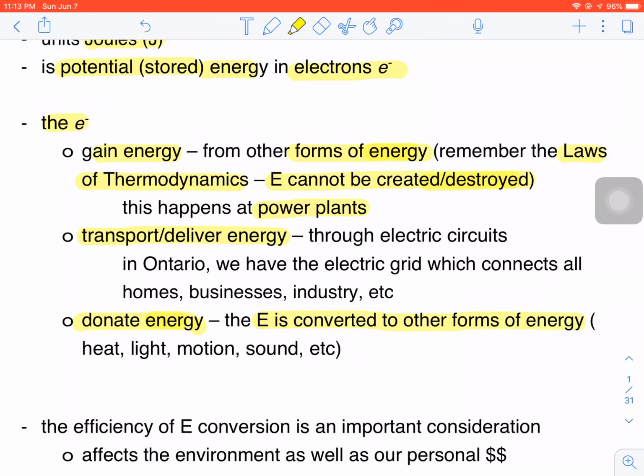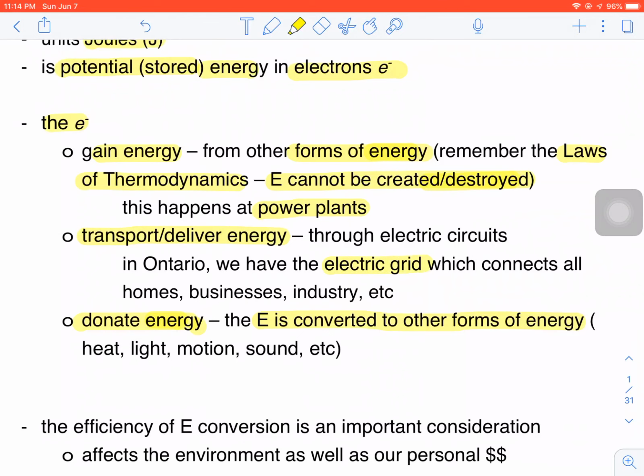So when we're transporting and delivering energy throughout Ontario, the middle part, we've got the electric grid, which basically connects the power station with my house, the power station with your house, the power station with the school, the power station with everything in Ontario.